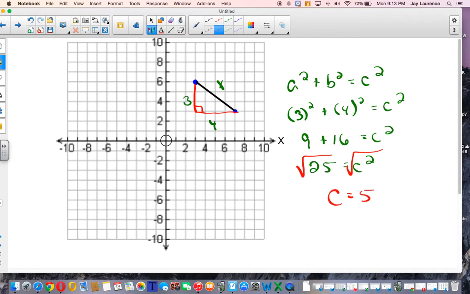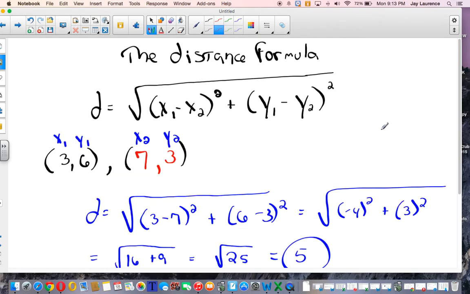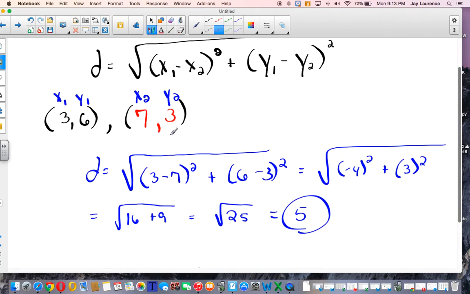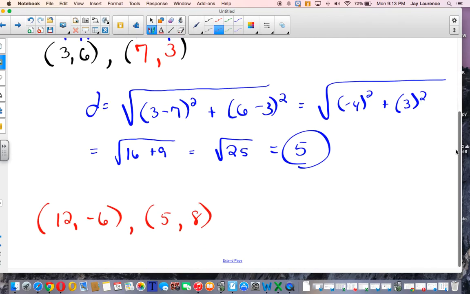Okay, so if you were stuck and the formula really intimidated you, you could plot the 2 points, make a right triangle, and use the Pythagorean theorem. This is really very similar to the plane flying so many miles north and so many miles west, or the person walking.